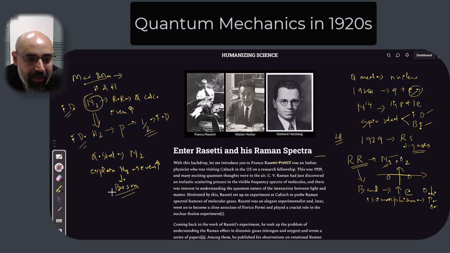If the nuclei of nitrogen are considered to be bosons, then everything falls in place, meaning they obey Bose-Einstein statistics, and Bose-Einstein statistics can explain the observation of the even bands, which were actually much more intense. This could be explained properly.